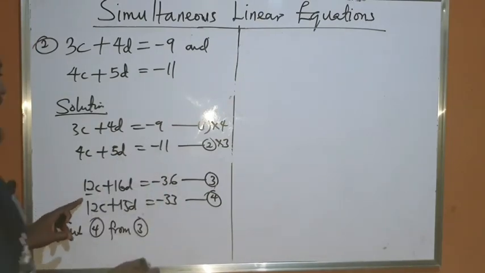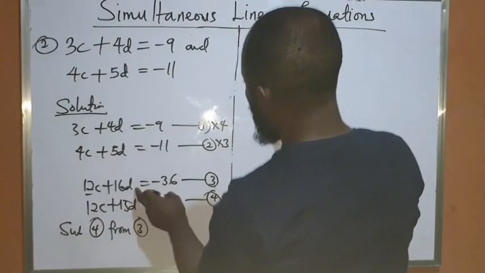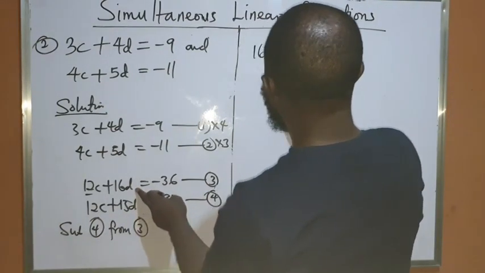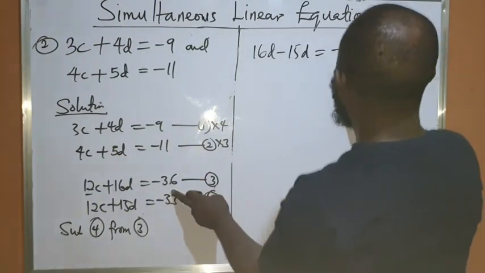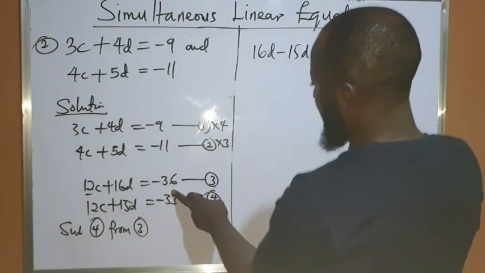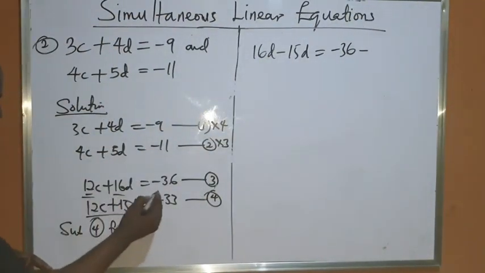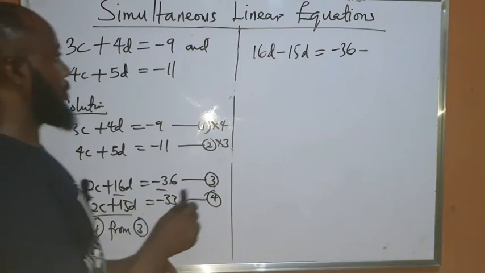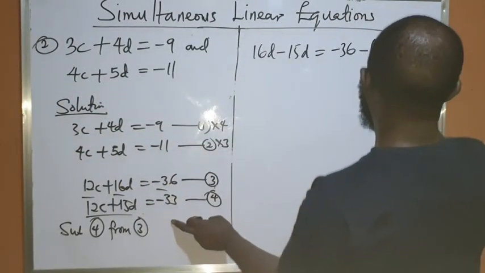So in this case, I'm going to have 12c minus 12c. That is 0. So 16g minus 15g equals minus 36 minus, because I'm subtracting here, minus 33.